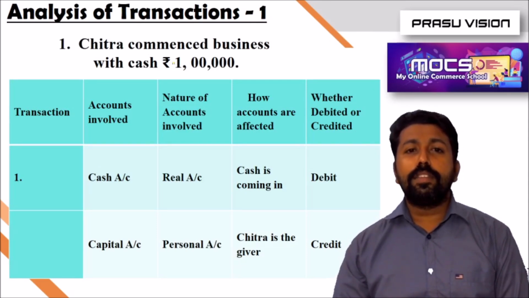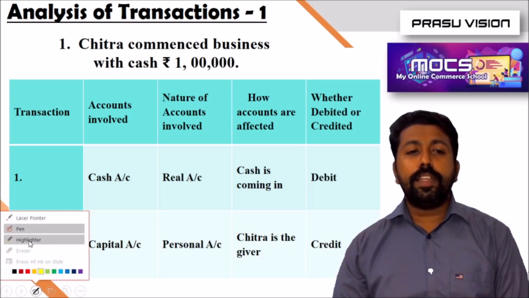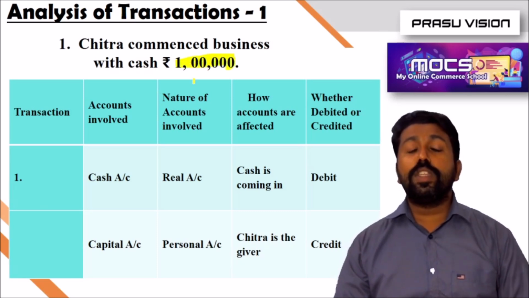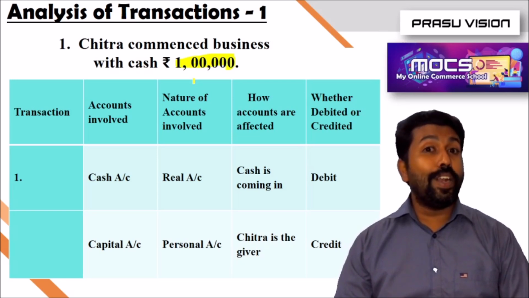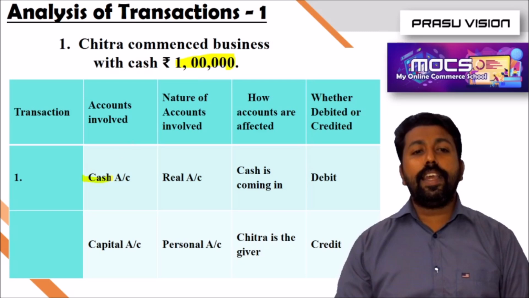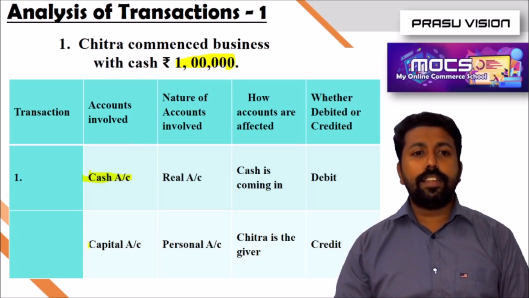The first transaction is commence the business with the cash 1 lakh. From that we have to identify the two different aspects. Chitra commenced the business with the cash. You know very well when you learned the concept of the account equation. The accounts involved in this transaction are cash and capital.